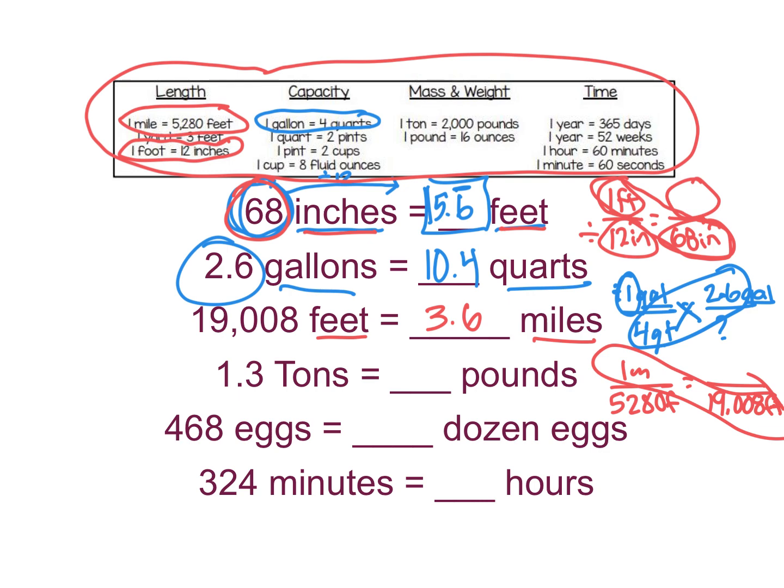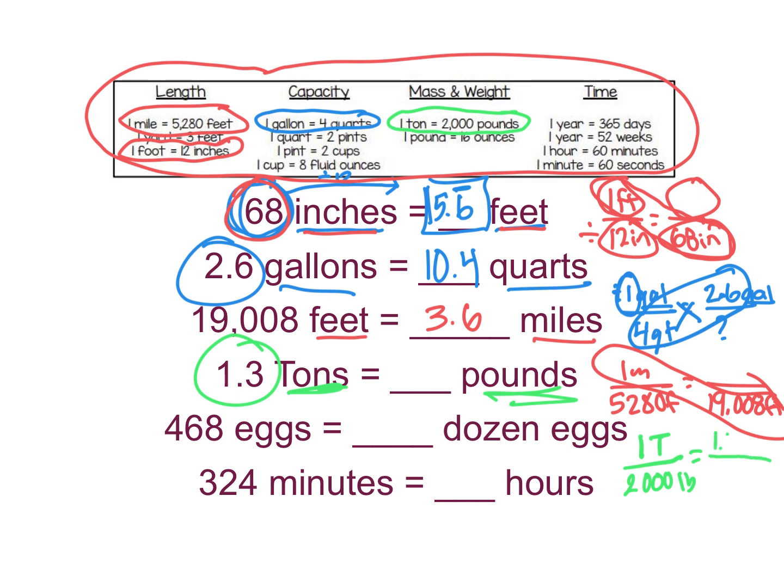Okay, let's do another one. We've got tons and we've got pounds. I'm looking up here and I see 1 ton has 2,000 pounds. So 1 ton has 2,000 pounds. I have 1.3 tons.